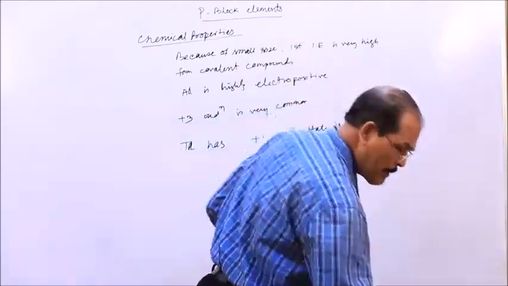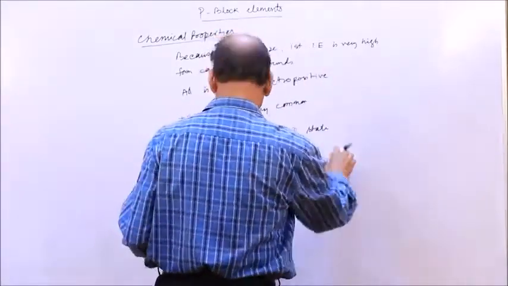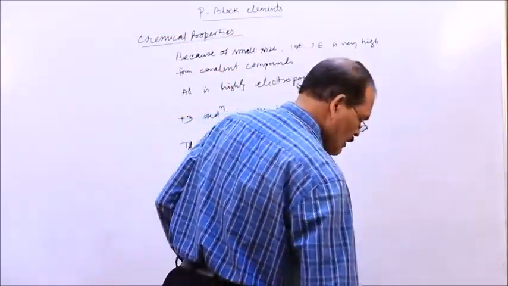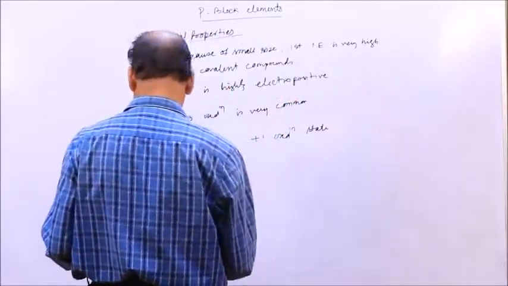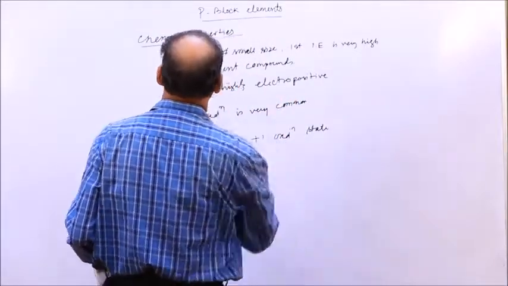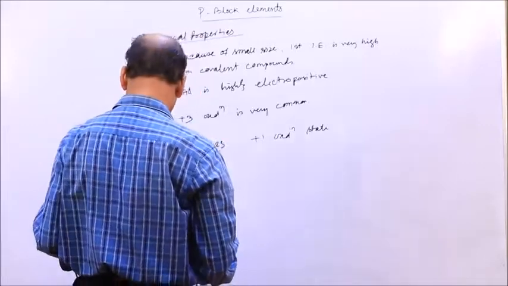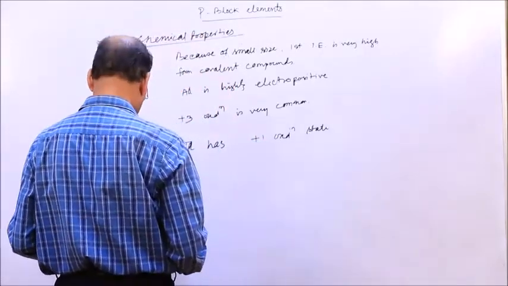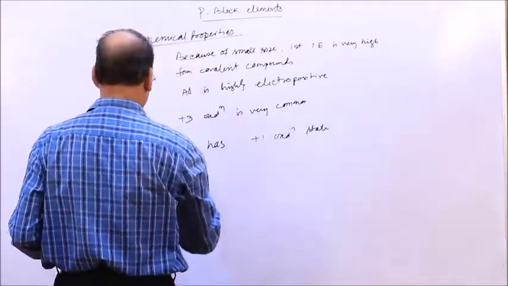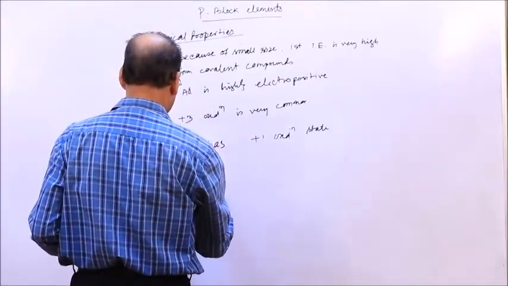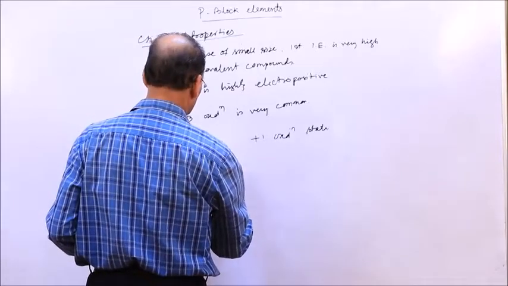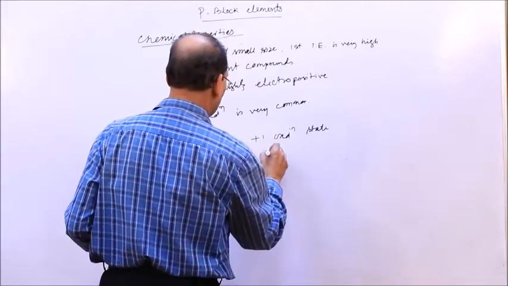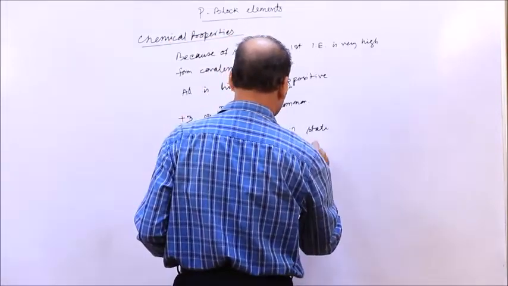It is seen that boron compounds are deficient in electrons, so they form Lewis acids, and aluminum compounds also give Lewis acids.